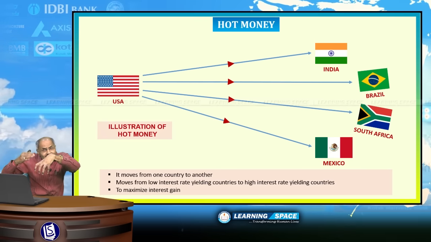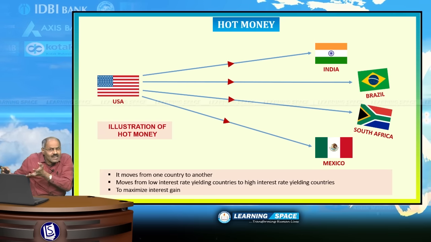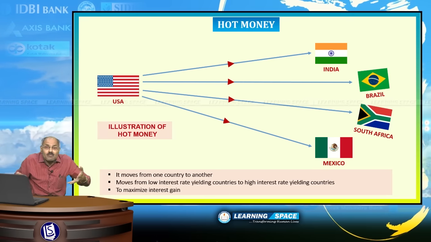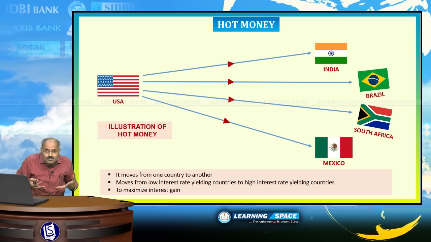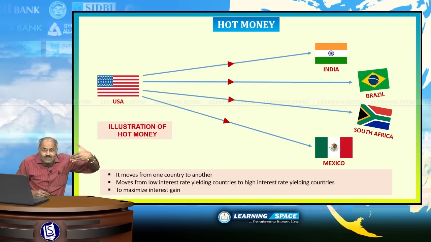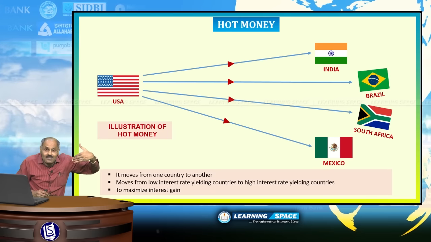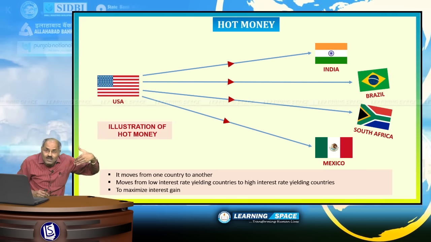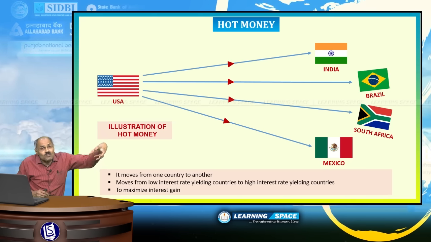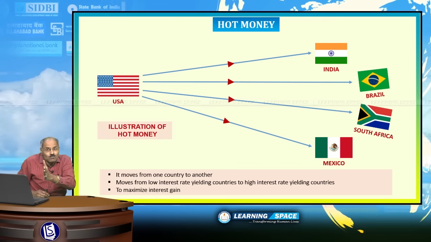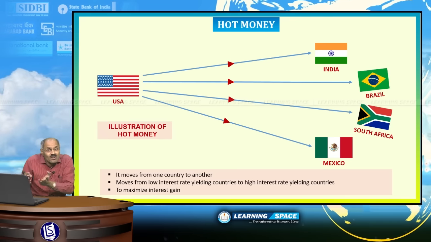If the stock market is crashing, they will move to another country like Brazil, South Africa, or Mexico. That is hot money. They look for short-term gains. So hot money moves from one country to another, and it is dangerous from the perspective of emerging economies.